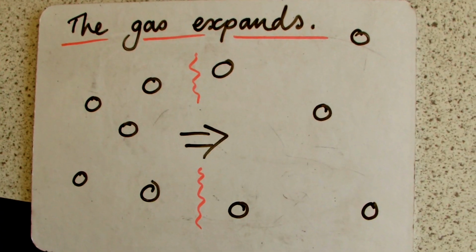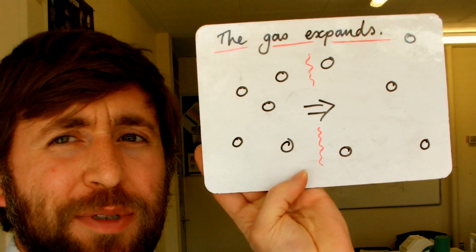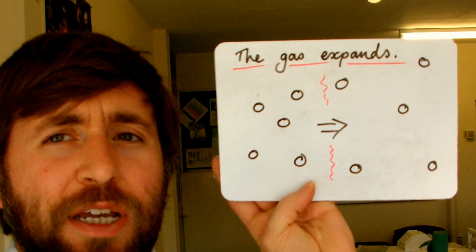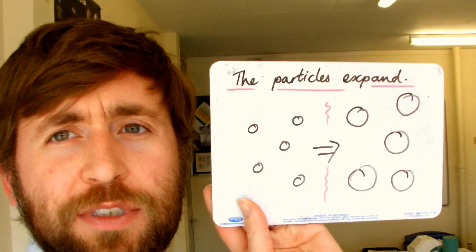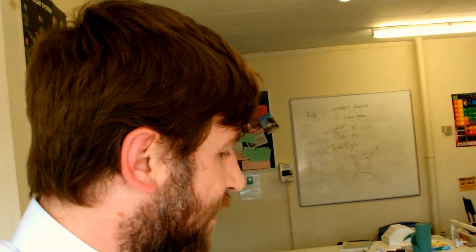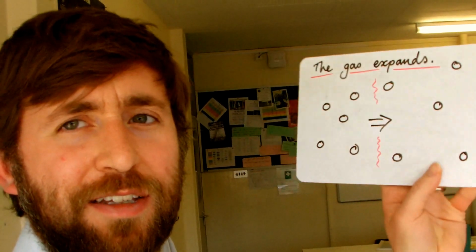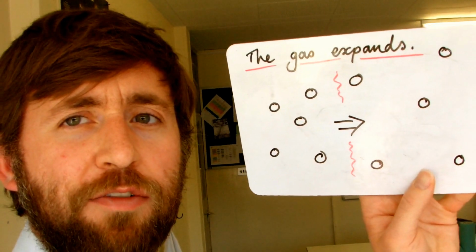You probably mean that particle picture expands. Those particles have become further apart. But you haven't said that. You have said the particles expand, and that is what we're going to mark that as. You need to be that clear on the meaning. So if you say the gas expands, then the consequence of that is the particles are getting further apart.